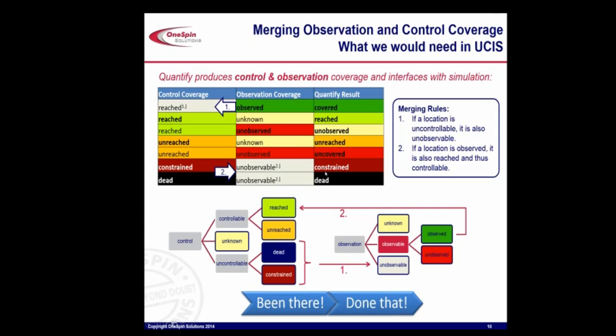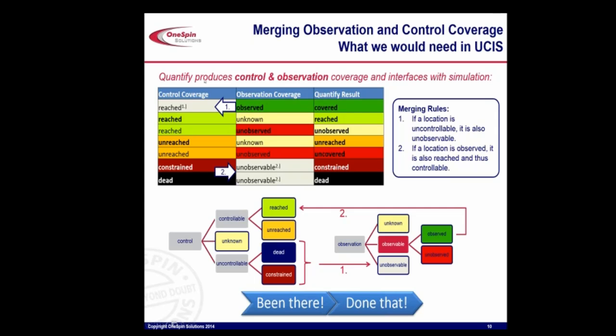Now you can merge all this into one view, and that's what I want to see at some point in the UCIS database, that you can actually not just talk about the execution of some items, like whether I have executed some statement, but also whether I have actually done some verification on them.